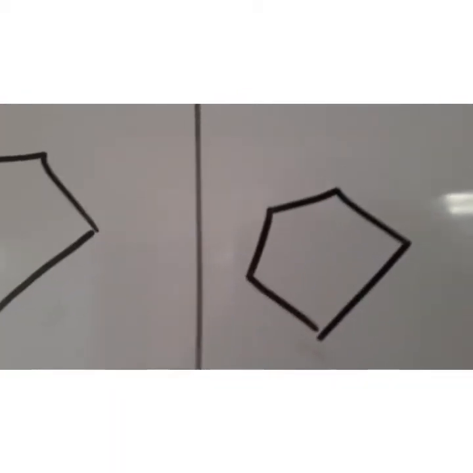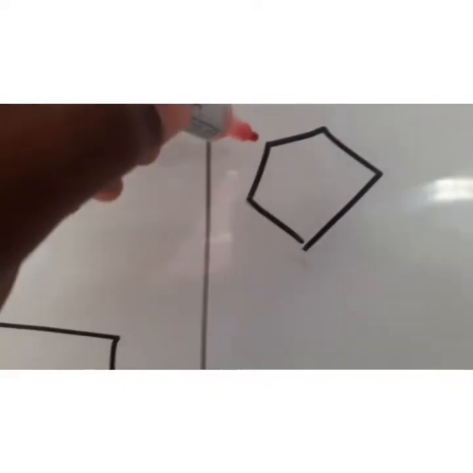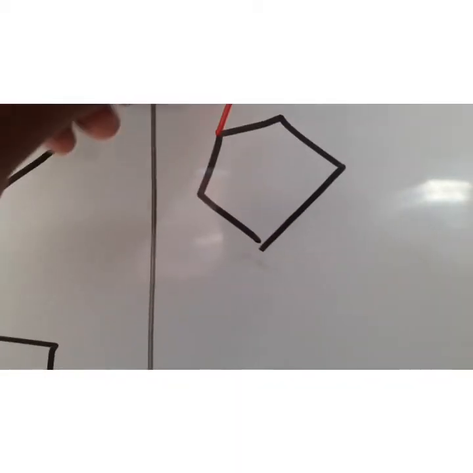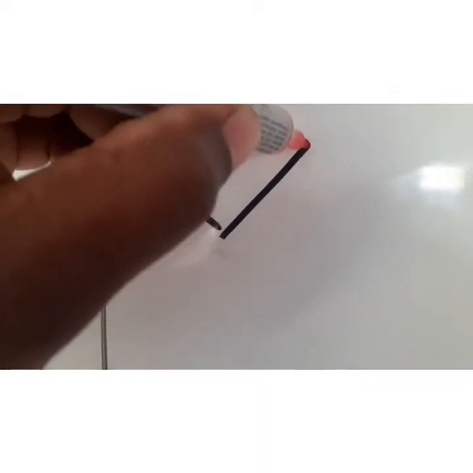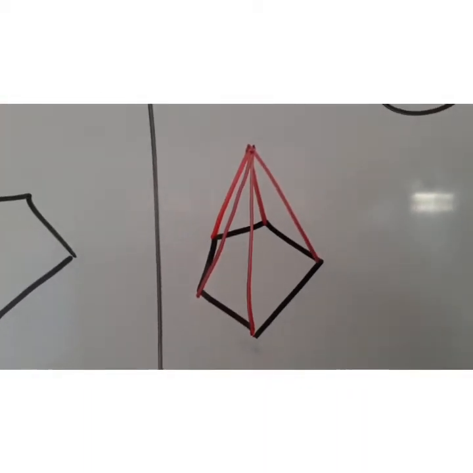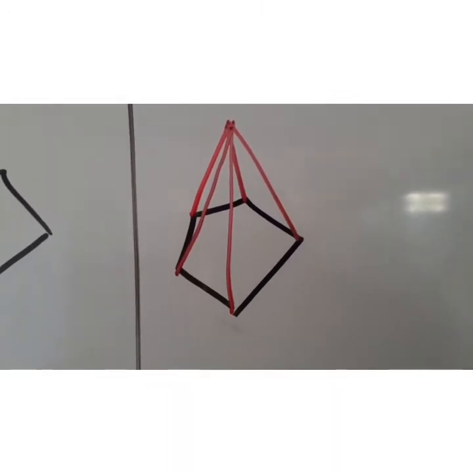Then this is my pentagon. So the base is a pentagon. The name will also have a pent in it. So I make all of these vertices meet at one point. Then this becomes a pentagonal pyramid.